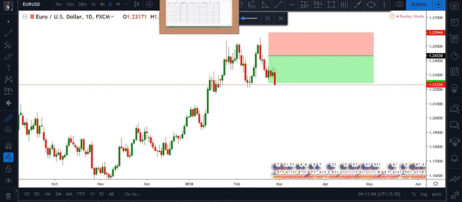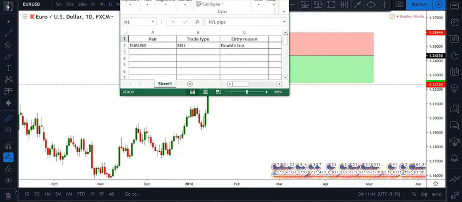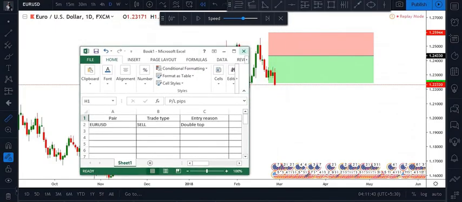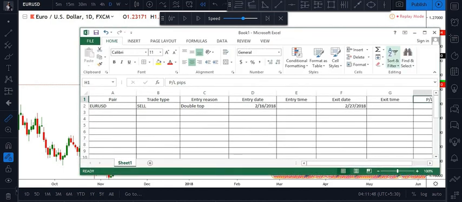So after you finish the backtesting, here in Excel we have something called filter. Here we have sort and filter. We click on that and we click filter.